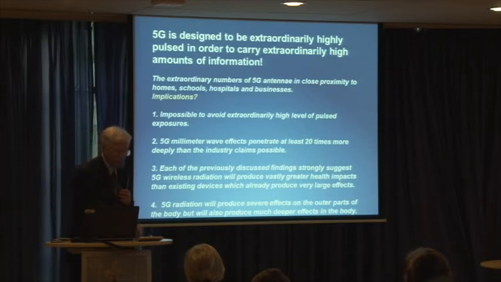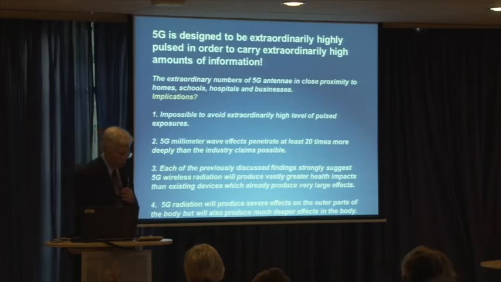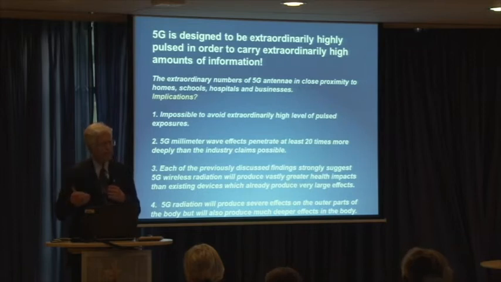And we're seeing now 5G producing neuropsychiatric effects in people. So clearly, in order to impact the human brain, it has to go through the hair, the skin, the skull, and the meninges that cover the brain. So they're clearly working much, much more deeply than the industry claims is possible.